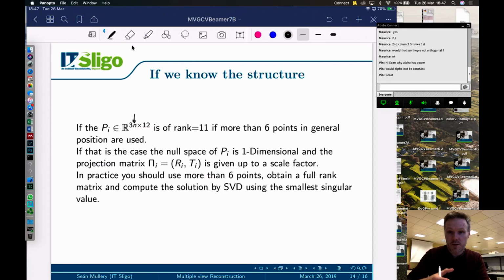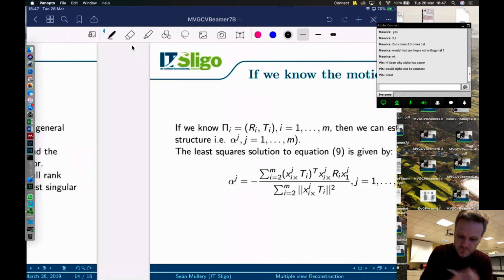In practice, we use more than 6 points. We get a full rank matrix there, but one of the singular values, because it's not a square matrix, will be very, very small. So we again do a singular value decomposition, and we use the smallest singular value for what we want to do. So that's how we go about it if we know the structure.